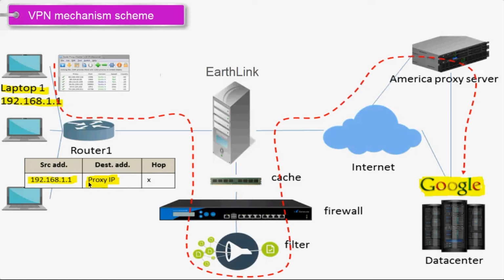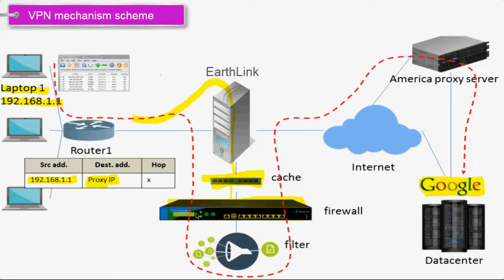So the destination address will be the proxy IP. Then it will go to the Earthlink internet service provider and to the cache to check if it is ready or not. If it's not, it will go to the firewall.